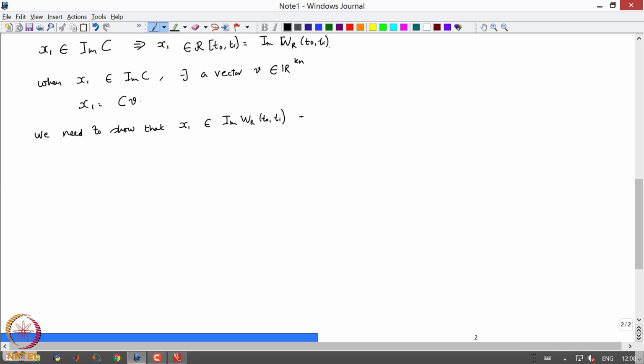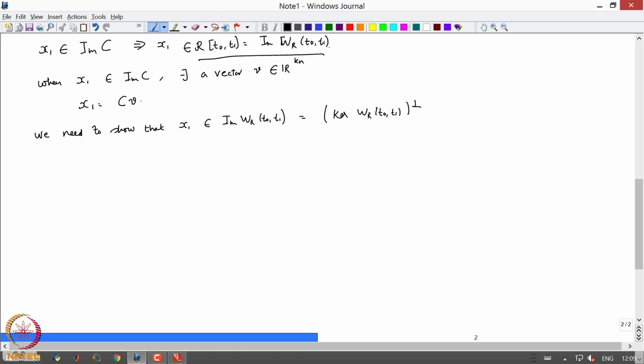Okay, now I know again that this is true, that the image of W R is the orthogonal complement of the kernel of W R of t 0, t 1. So, very similar to what we did to prove this equality, we will use exactly the same steps.